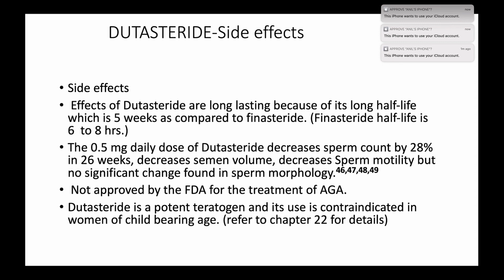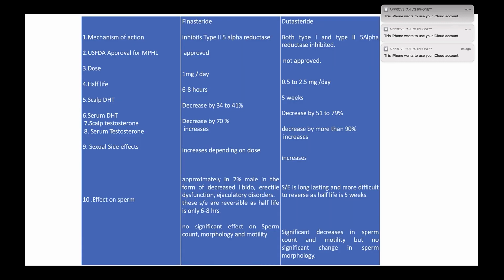This is again an important thing: it is not approved yet by US FDA for the treatment of AGA. Dutasteride is a potent teratogen and its use is contraindicated in women of childbearing age. So these are the few differences between dutasteride and finasteride.